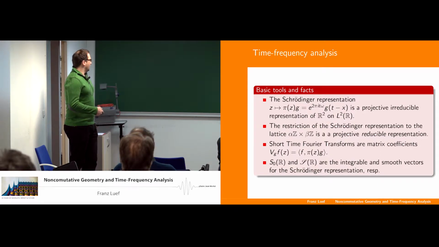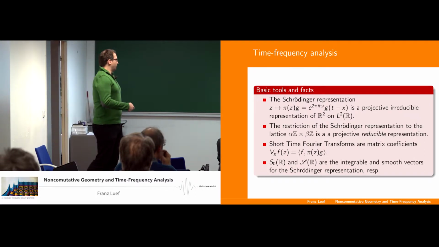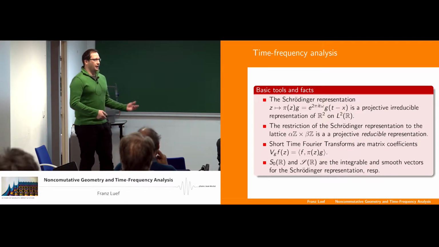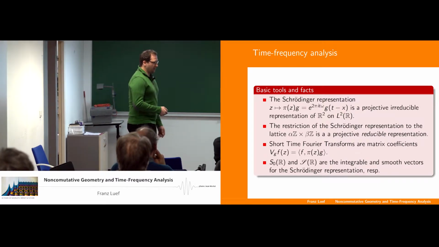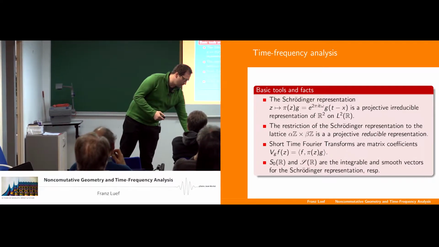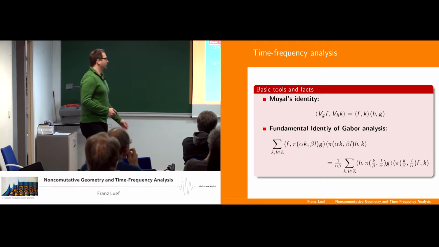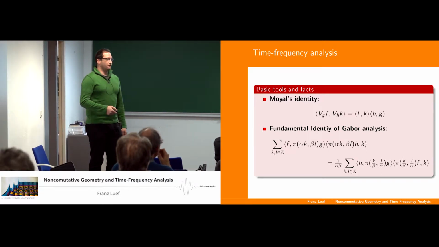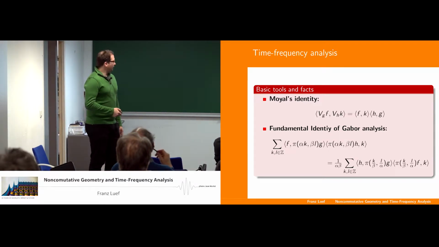And so what people call these matrix coefficients, the short-time Fourier transform, if you prove it from this point of view, then you see that S0 is just the set of integrable vectors, and the Schwartz space is the set of smooth vectors for the Schrödinger representation. And for proving these reconstruction formulas, in the continuous case you need Moyal's identity, the orthogonality relation for the short-time Fourier transforms.